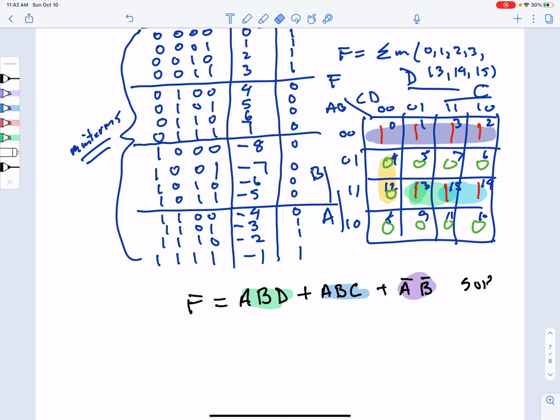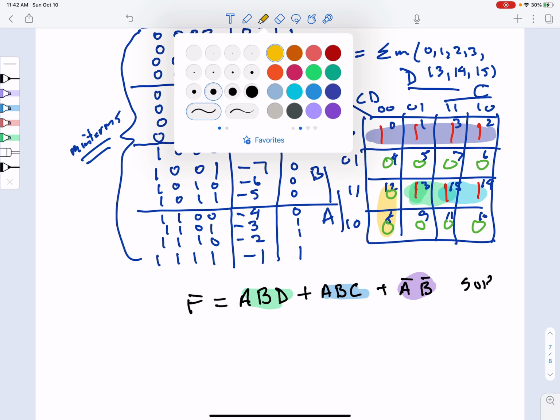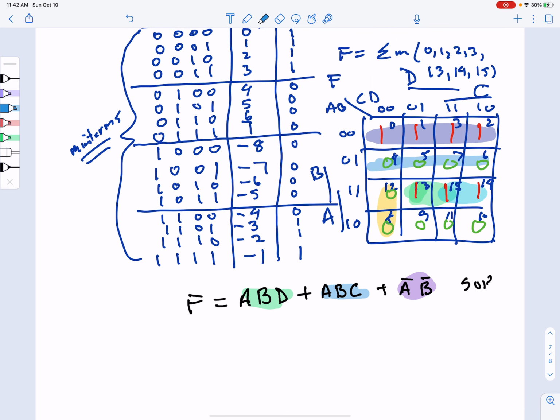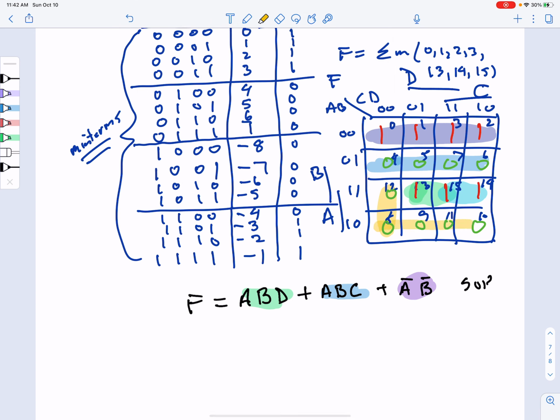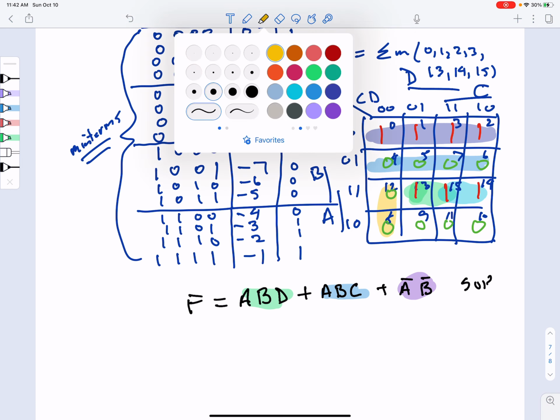Or I could choose this one; they're equivalent in terms of minimization. Let's do that one, and that leaves 2 other groups, this blue group here and a gold group here. That looks too much like yellow, so let's go light green.